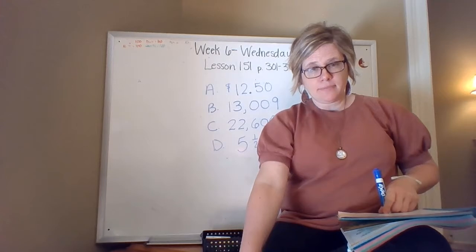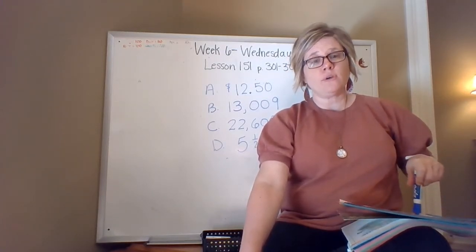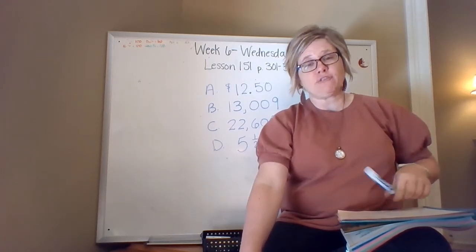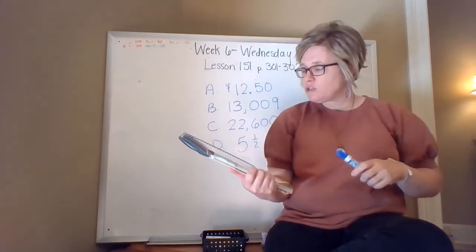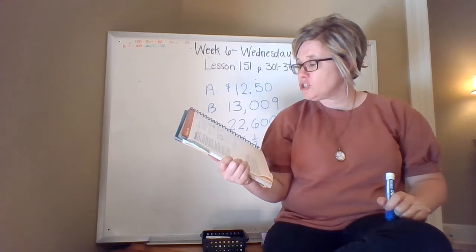At the bottom, you have some addition combinations to work. You can do that by yourself, and some multiplication and division for practice. All right. So I'm going to let you finish that, and then I want you to work on page 301 by yourself. Have a grown-up check it.